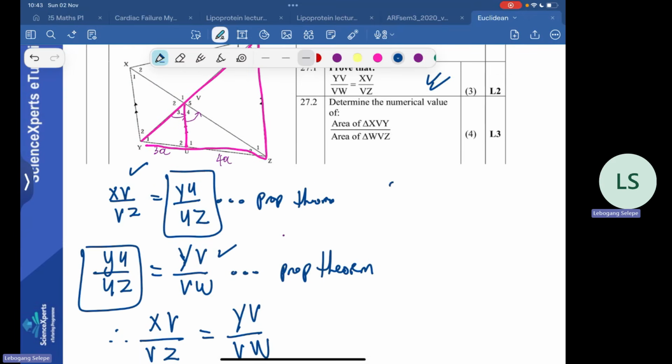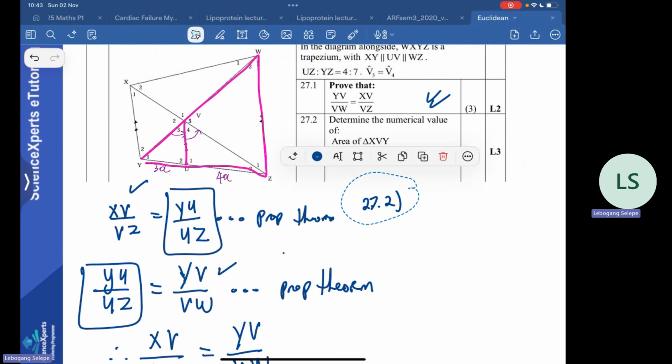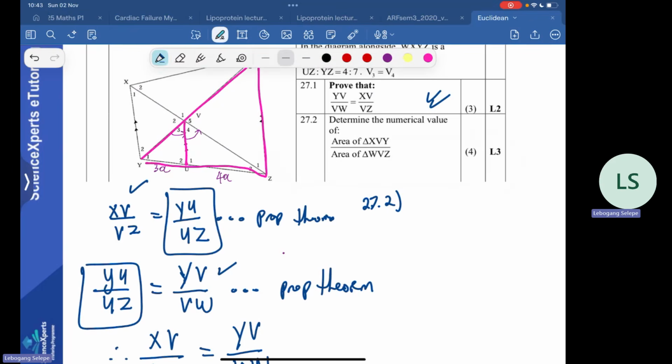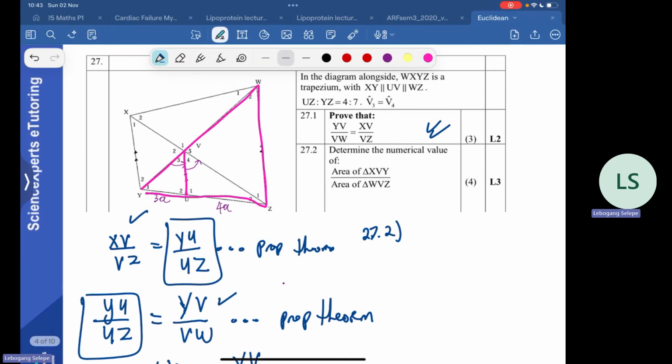So now let's move on to 27.2. So now they want the ratio of area of xvy over area of wvz. All right, so let me just wipe these colors here so that everything can be clear now.